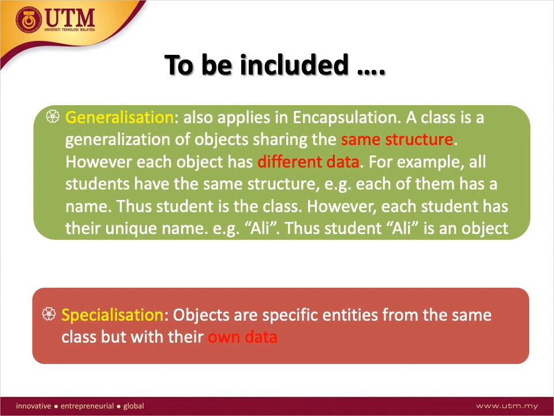That is the different data for that object. There is another object with another different name. For specialization, an object is a specific entity from the same class, but with its own data. It is special to that derived class, which has its own data.